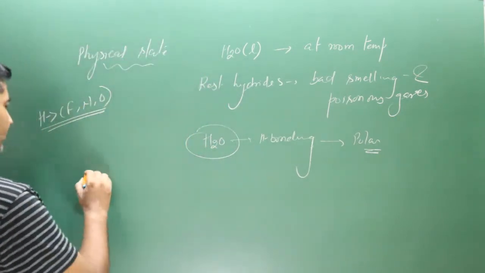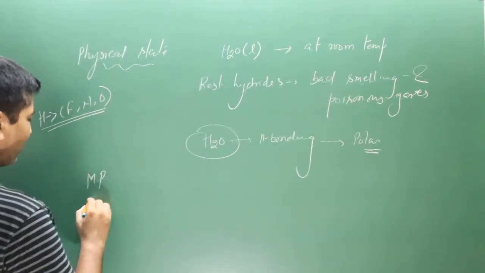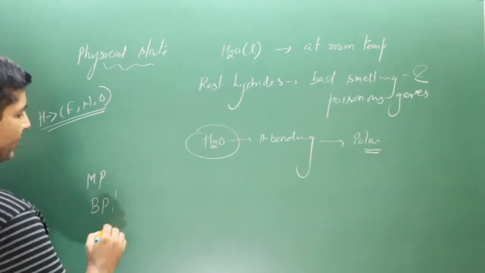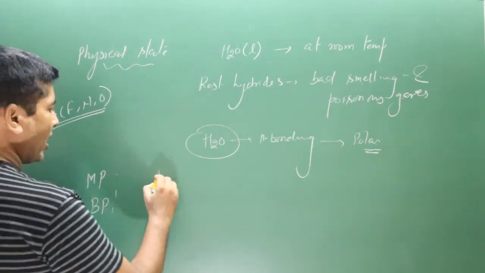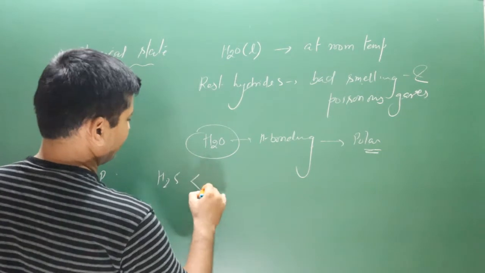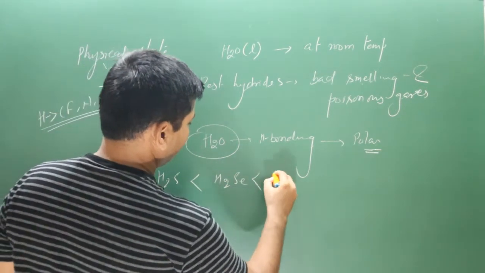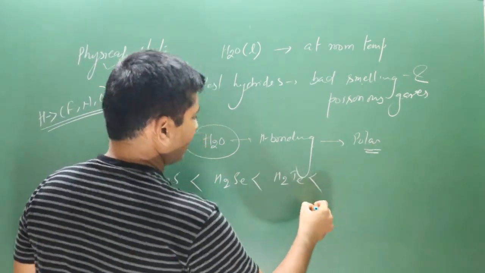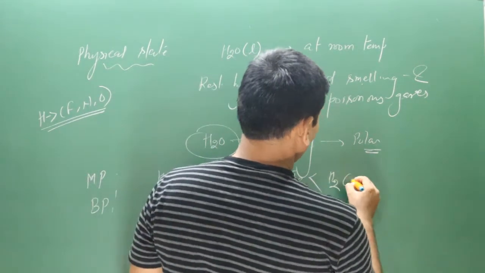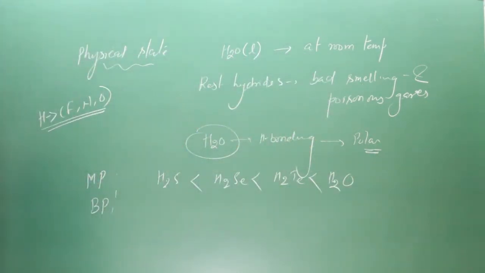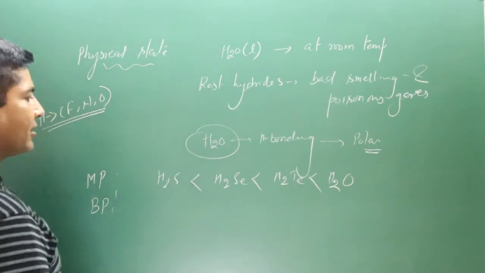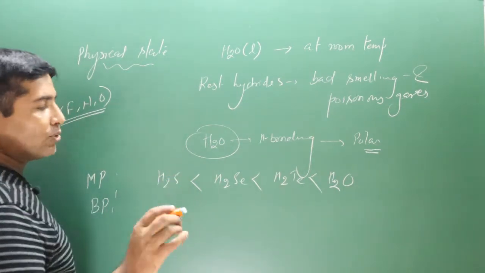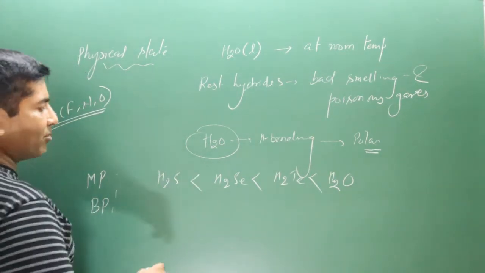For example, when you talk about melting point as well as boiling point, we have H2S, H2Se and H2Te, and then we have H2O, the water molecule. The water molecule has the highest melting as well as boiling point among the hydrides of these elements.